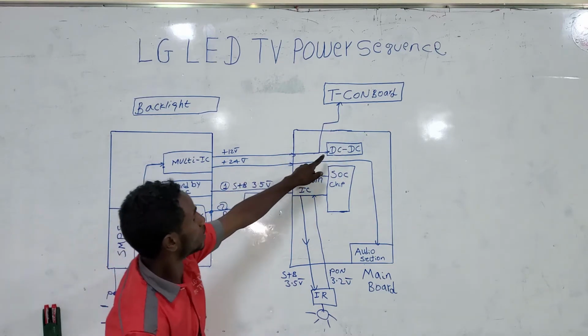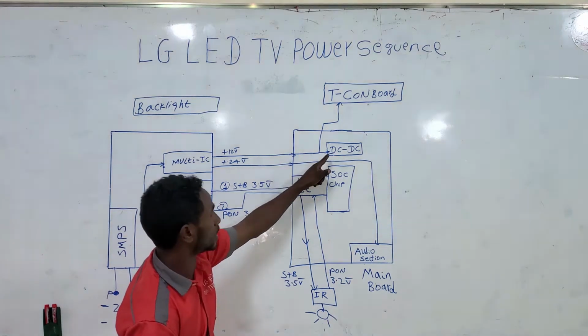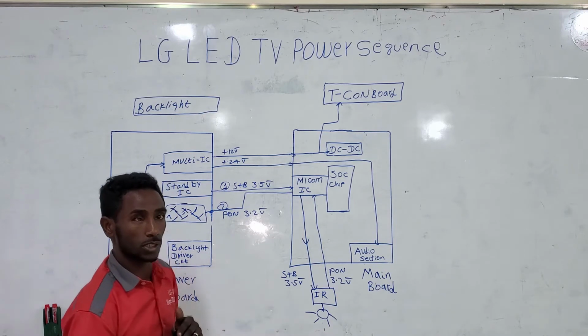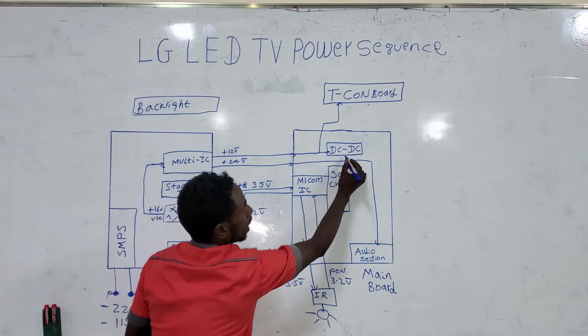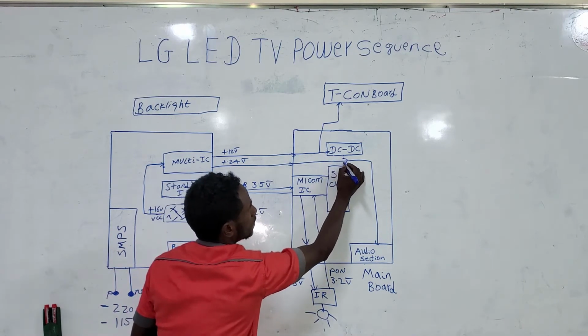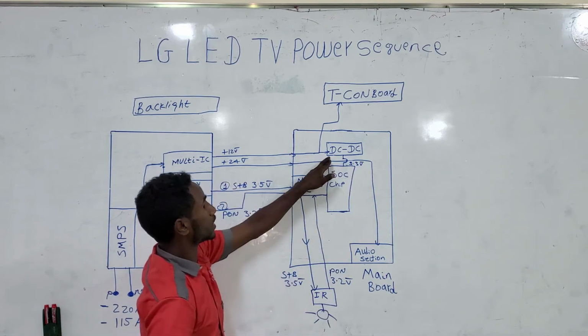When the DC to DC IC receives this plus 12 volts, it converts from 12 volts to 3.3 volts, because it is a regulator IC, right? So we will have 3.3 volts DC from the DC to DC IC.